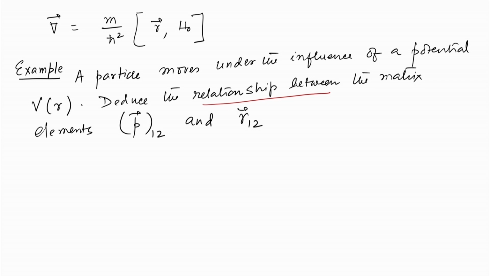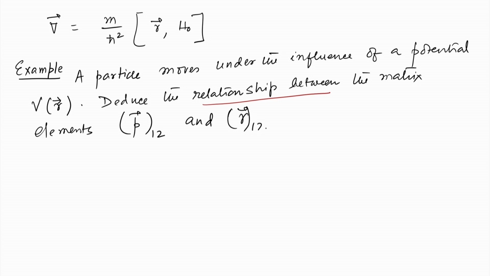Just the way it is written, one can actually have it also as a function of R, so the relationship between P 1 2 and R 1 2. So, let us write this clearly.